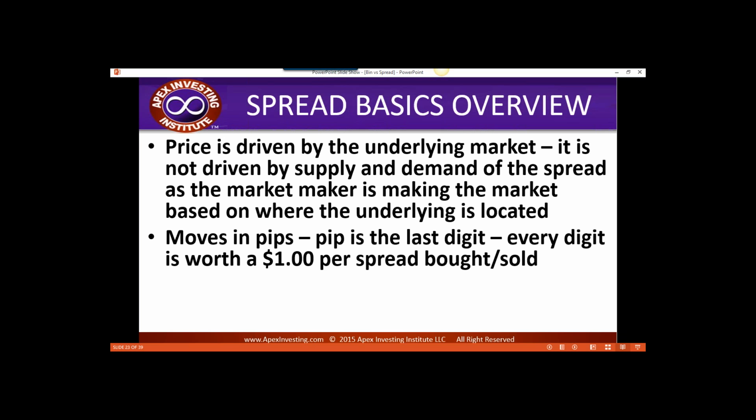Now, on a spread, the price is driven by the underlying market. It's not driven by supply and demand of the spread, as the market makers make the market based on where the underlying is located. And it moves in pips. It's not like a binary where a couple of ticks difference here or there will put you over or under the strike, so the price can move from 30 up to 100 real quick, or if you bought it for 80 and it goes against you a tick or two, all of a sudden it's worth 0.